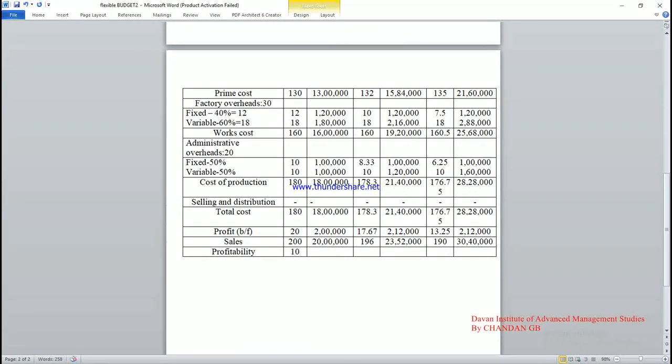Like that, for 12,000 units, 17.67 divided by 196 into 100. One second, I'm taking the calculator. 17.67 divided by 196 into 100, you will get the profit is 9.01%.